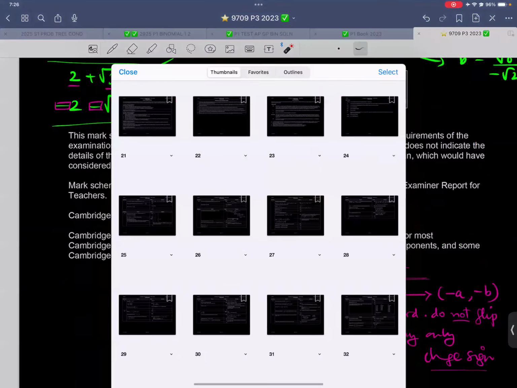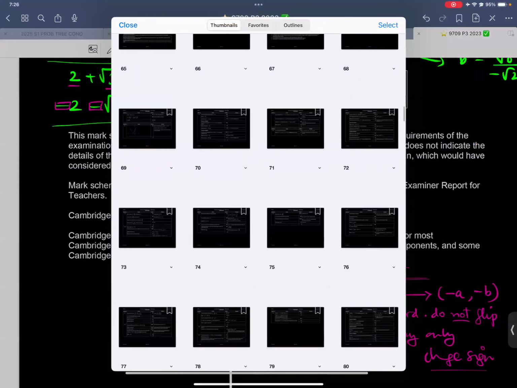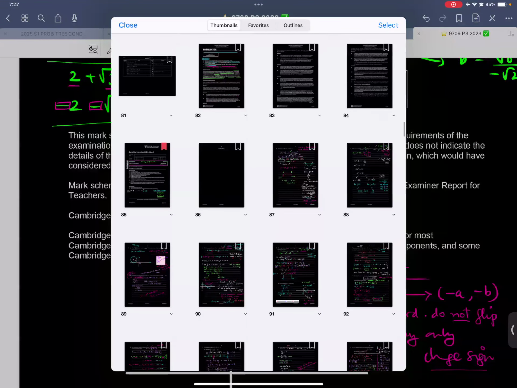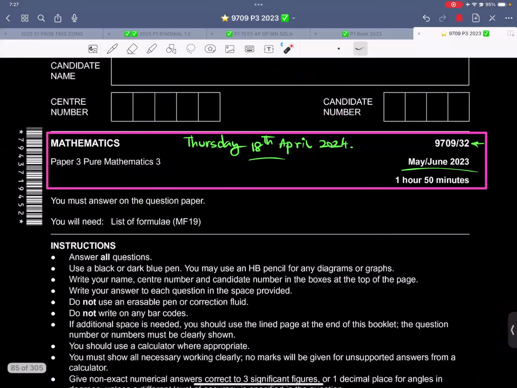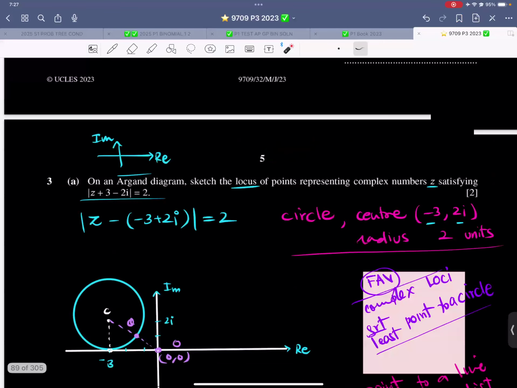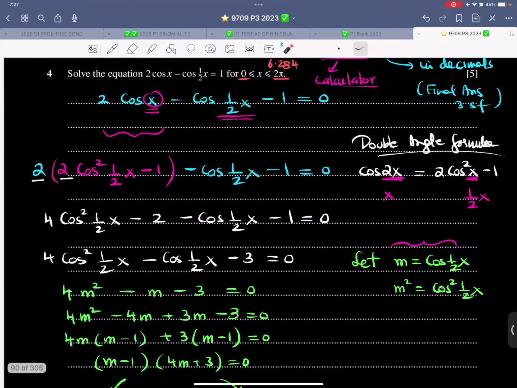Now, let me move to the next one. This is May, June 2023, variant 32. I'm moving to this thing.